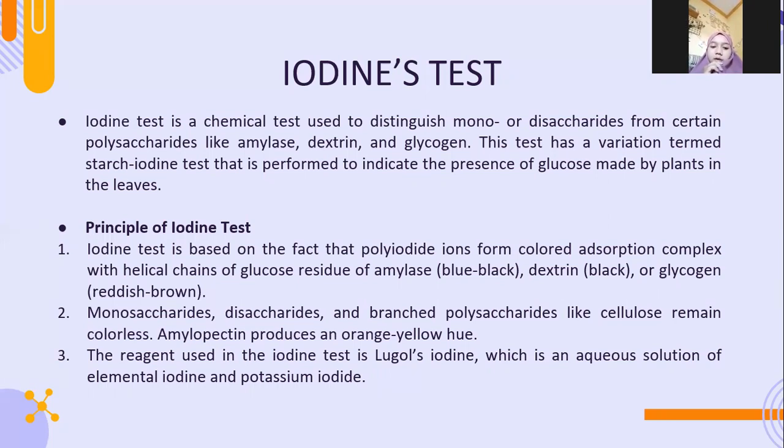Principle of iodine test. Number one, the iodine test is based on the formation of color by adsorption complex with helical chains of glucose: amylose gives blue-black, dextrin black, or glycogen red-brown. Number two, monosaccharides, disaccharides, and branched polysaccharides like amylopectin produce orange-yellow.